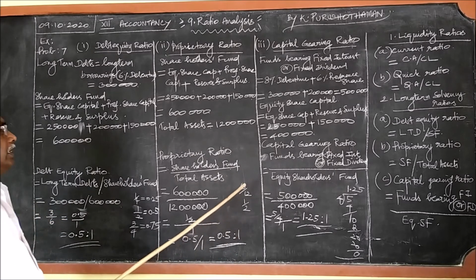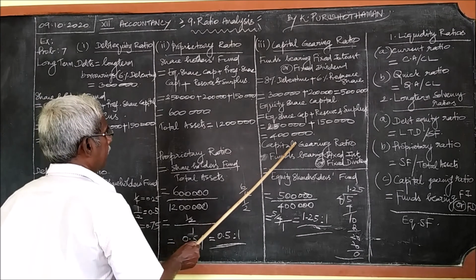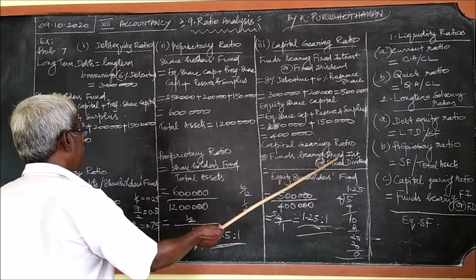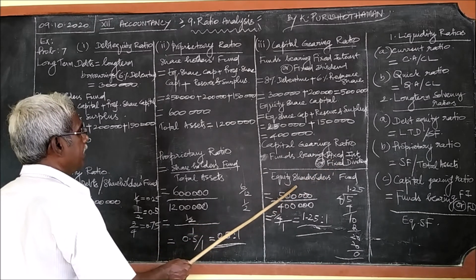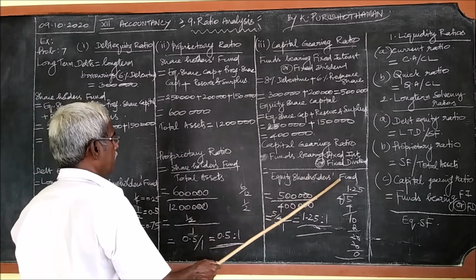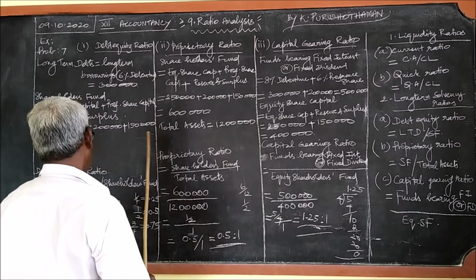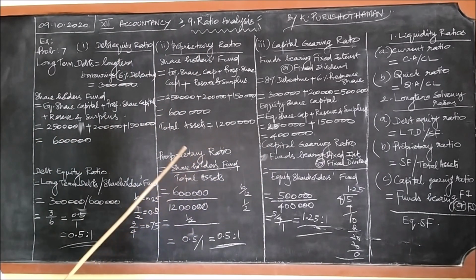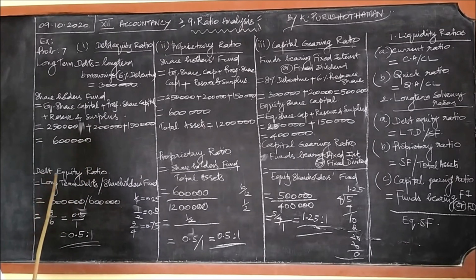And the third one, capital gearing ratio, is funds bearing fixed interest or fixed dividend divided by equity shareholders fund. You know first the formula. Then after knowing the formula, you should also remember the different items for the numerator and the different items for the denominator.